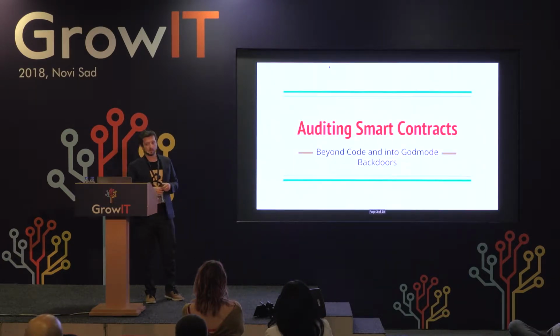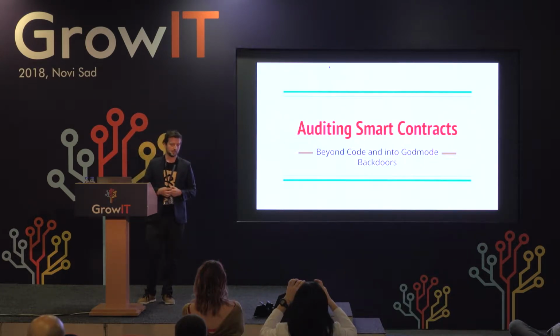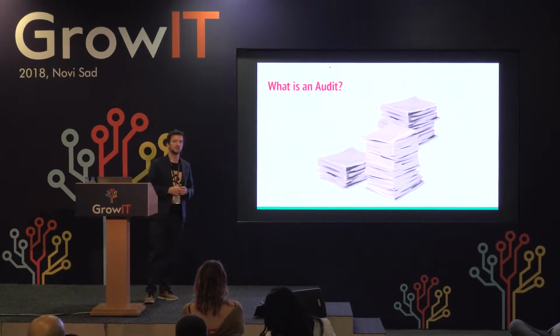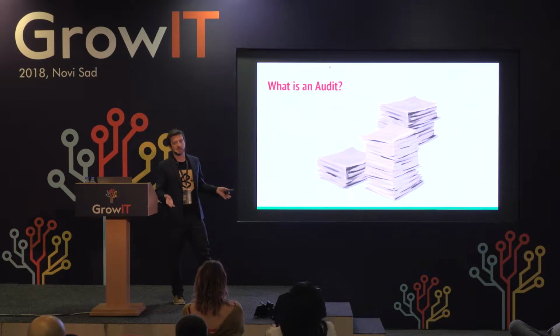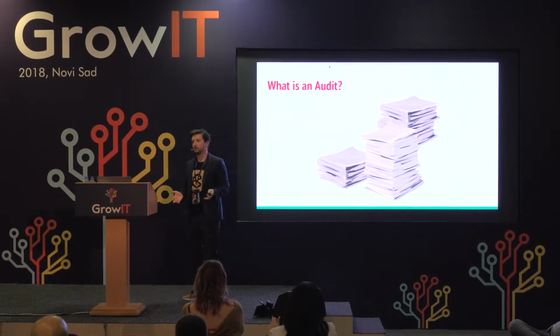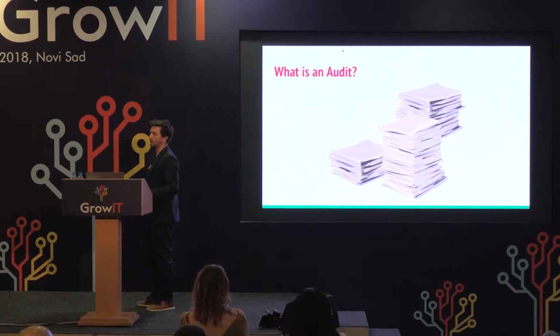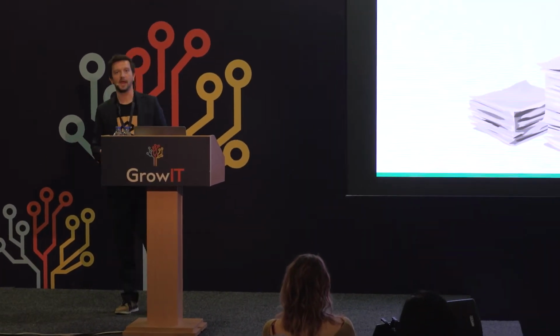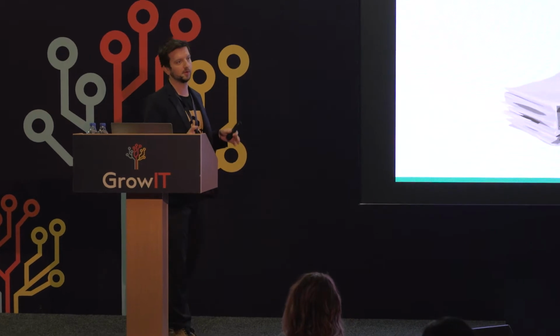So before we dive into auditing smart contracts, we have to consider what an audit actually is. And I think that's the same across any industry, across any stack, blockchain or not. You have security audits that basically amount to a pile of papers that someone else wrote for you, putting their opinions about your code in there.